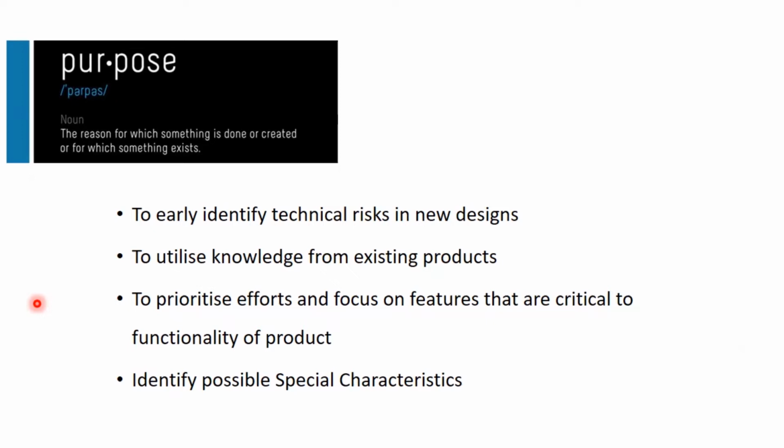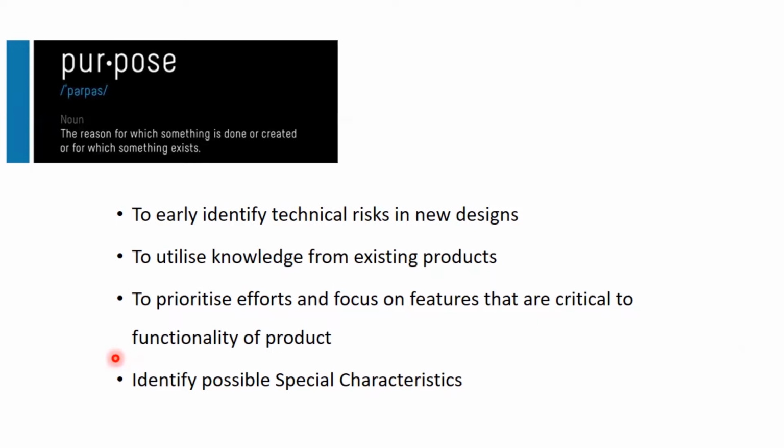DFMEA also prioritizes efforts and focuses on features that are critical to functionality of a product. And this tool also provides a possibility to identify the special characteristics that need to be focused on while designing and manufacturing a product.